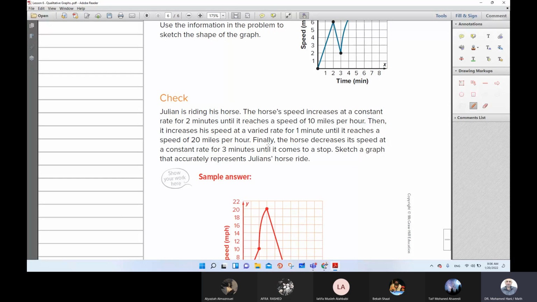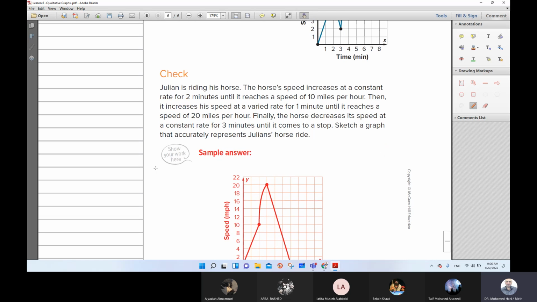Finally, the horse decreases its speed at a constant rate for 3 minutes until it comes to a stop. Sketch a graph that accurately represents Julian's horse ride.